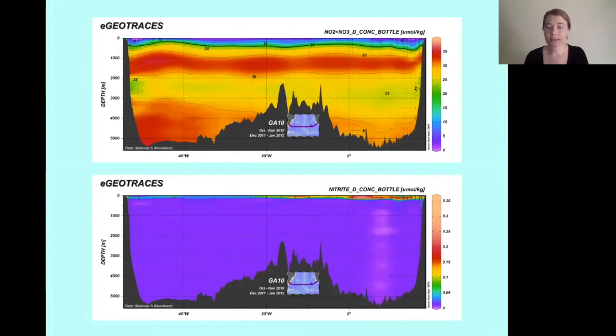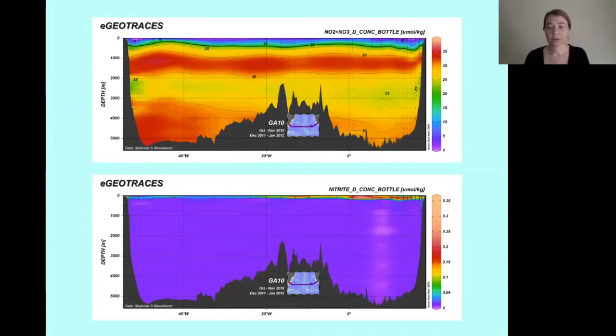Nitrate is the most abundant nitrogen species, and you can see that it's very reduced in the surface because it's a nutrient that's drawn down by primary producers, phytoplankton, that are photosynthesizing in the surface waters, but then it's abundant at depth after it's gone through the process of remineralization, and organic nitrogen has been converted back to nitrate.